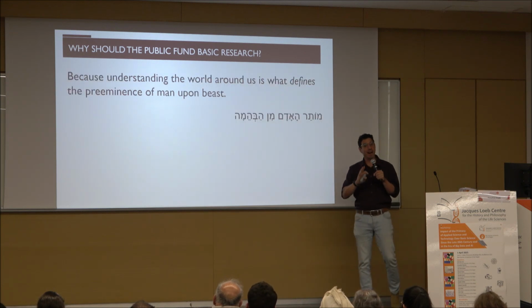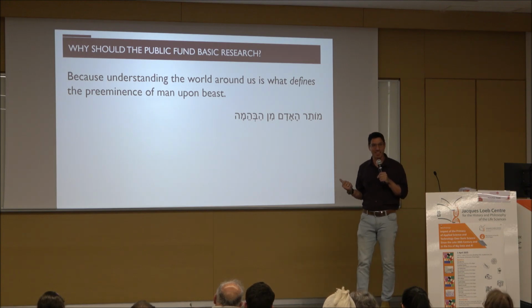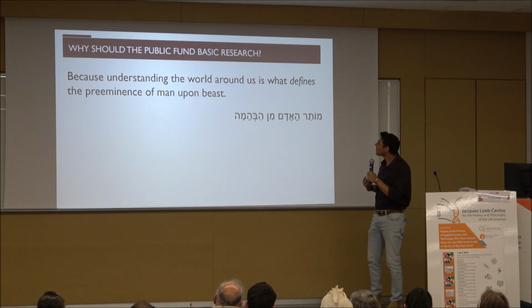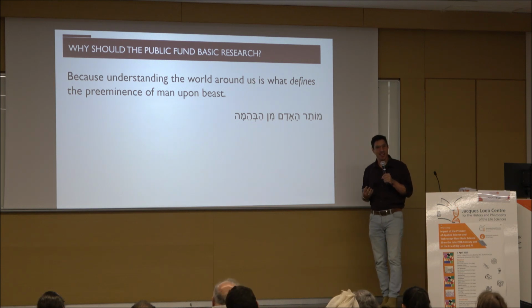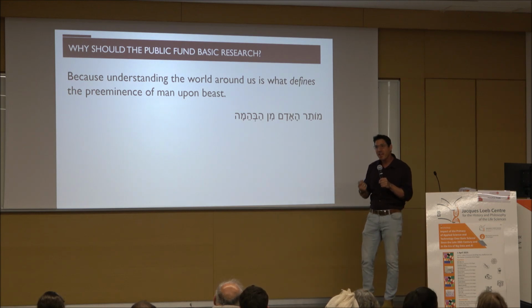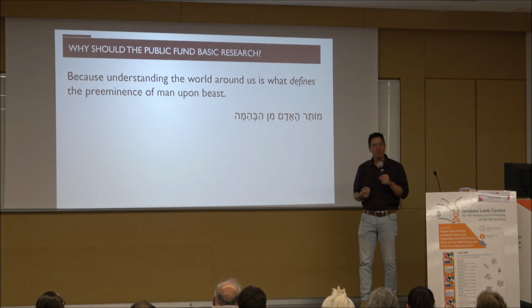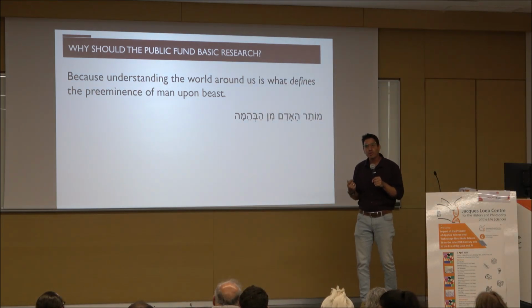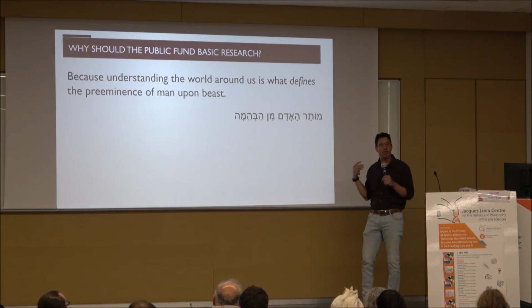There is a romantic argument, which we've seen in the first editorial in Science. There is something beautiful in basic research. I call it מותר האדם מן הבהמה. This is what differentiates humans from animals. We look around and we try to figure out not how to get our food better; we passed that step long ago.